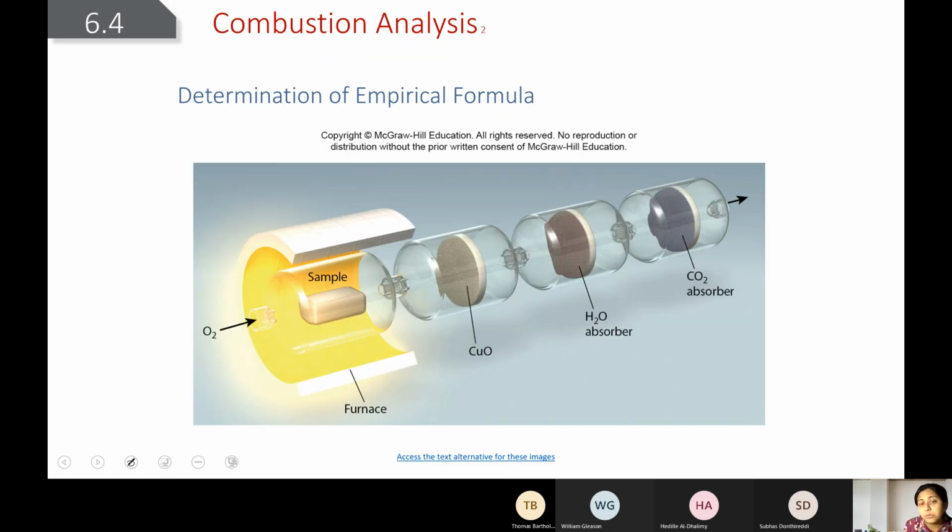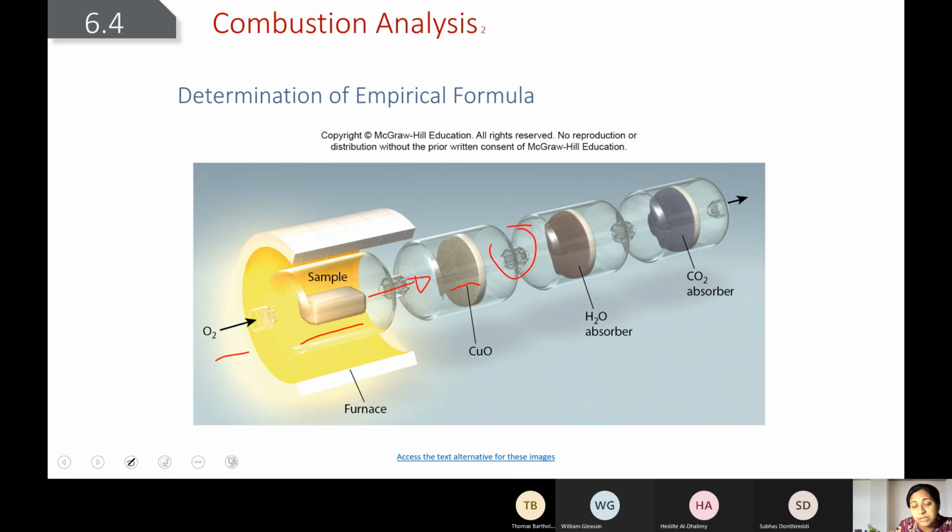Okay, here you will see a picture of the combustion analysis. Here the sample is burned and here it is provided with oxygen, and first it will go through copper oxide. It will absorb the residues or unburned things, and then the air will move on.